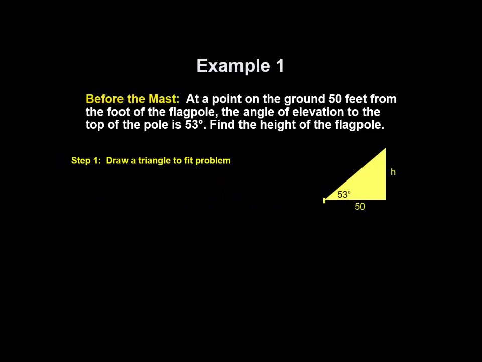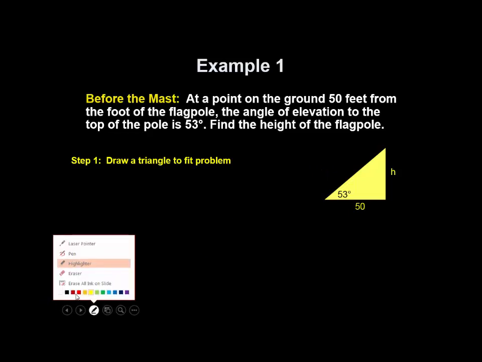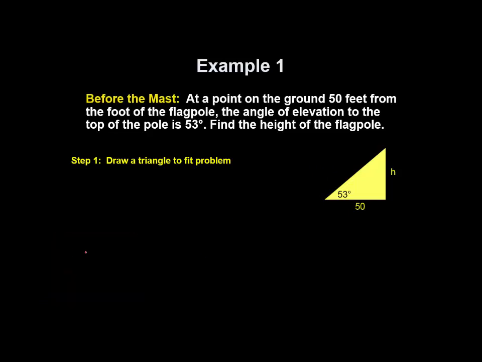So 50 feet along the ground, here's my flagpole. It says at a point on the ground, 50 feet from the flagpole, the angle of elevation to the top of the flagpole is 53 degrees.